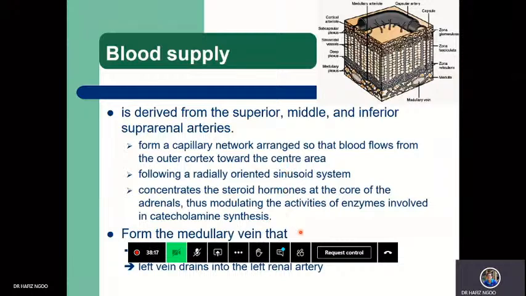Then from the adrenal medulla, into the portal vascular system that arises from the capillary and finally in the cortex. There is also a capillary network of lymphatics that drains the plexuses around the central vein. So around the central vein, some of them are drained by the lymphatic system.